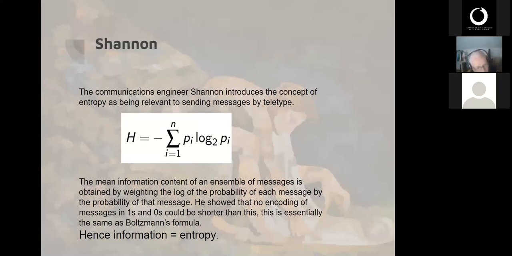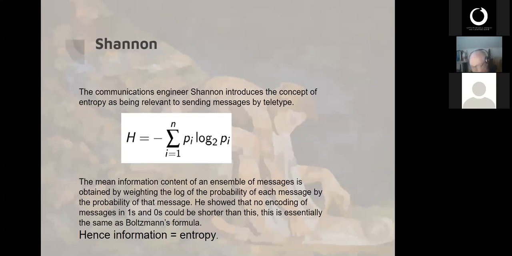He says the mean information content of an ensemble of messages is obtained by weighing the log of the probability of each message by its own probability. And he shows that no encoding of messages, zeros and ones, could be shorter than this.